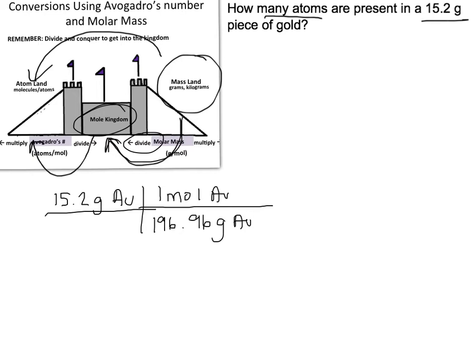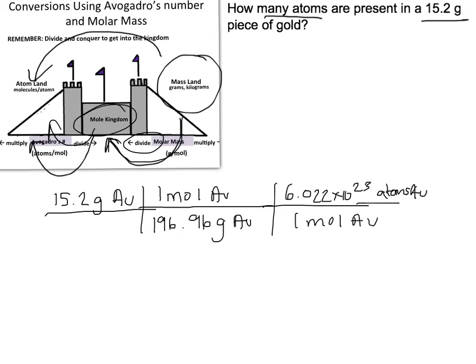Okay, so in order to go from moles to atoms, though, I must utilize Avogadro's number. Now, in order to get out of the kingdom, I need to multiply. So what I'm going to do is I'm going to put 6.022 times 10 to the 23rd atoms of AU here. Okay, and that's per 1 mole of AU.